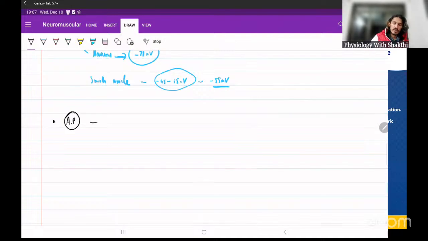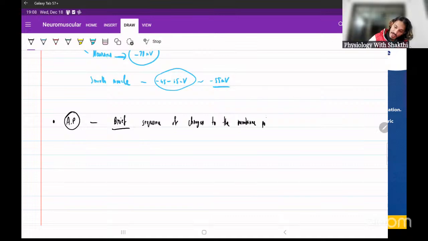So action potential can be defined as a brief sequence. It's a brief change, okay, not a permanent one, a brief sequence of changes to the membrane potential. So membrane potential keeps changing during this period.